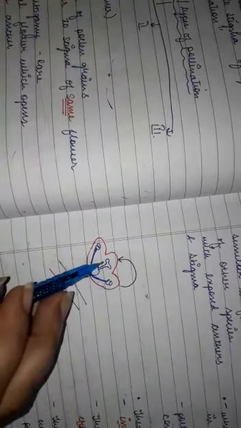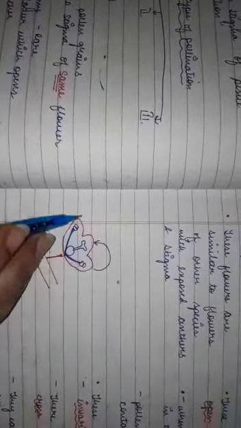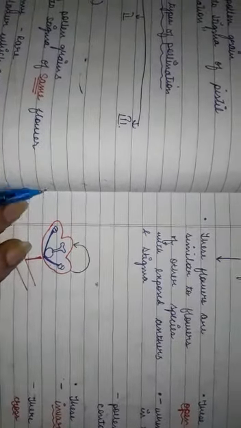Look, if pollen grains are transferred from stamen to the stigma within the same flower, this is called clistogamy.